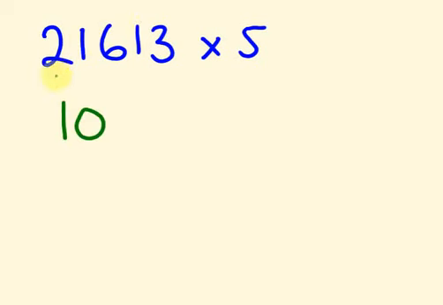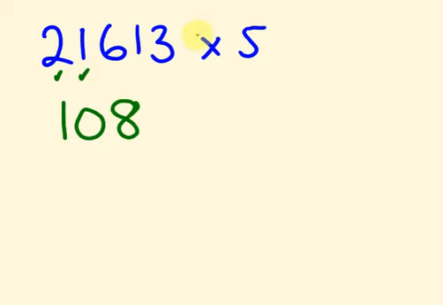I'll put a little tick there to show that's where I've done it. 1 times 5, that's going to be 5, and I'm going to have to pre-carry: 6 times 5 is 30. I'm going to have to pre-carry 3, so 1 times 5 is 5, plus 3 is going to be 8.